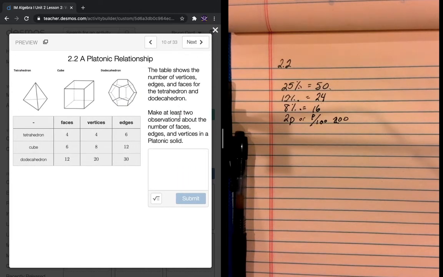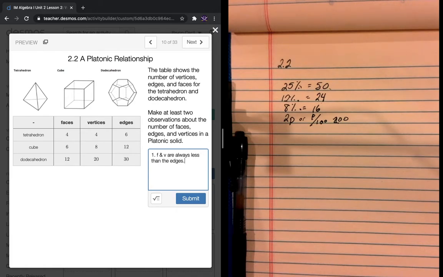So we come here and it says make 2 at least observations about the number of faces, edges, and vertices in these platonic solids. Okay, so if we're looking at the observation, one could say the faces and the vertices are always less than the edges.